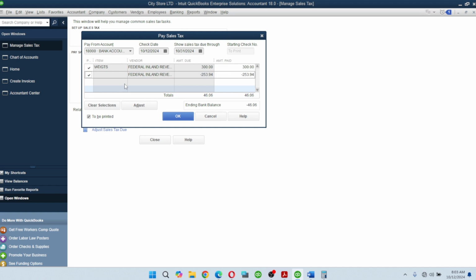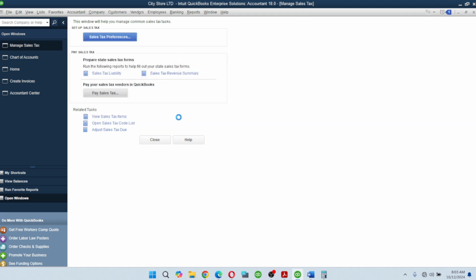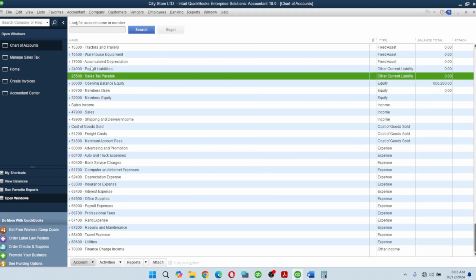So when you now come, you now select the tool like this, and now select pay, you click OK. Now once you click OK, that means you have already paid the VAT.